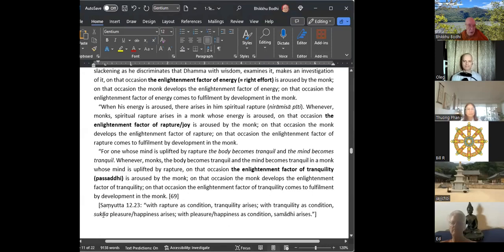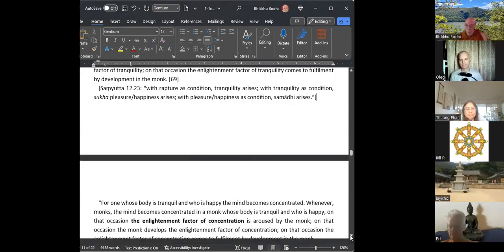Sukha is not mentioned as an enlightenment factor, but I think this sequence is very important. It's very important to see that pleasure or happiness is a necessary condition for samadhi. A lot of people think that to succeed in their meditation practice, they have to push themselves so hard that they feel real misery and suffering.